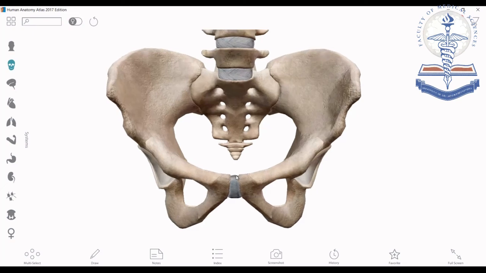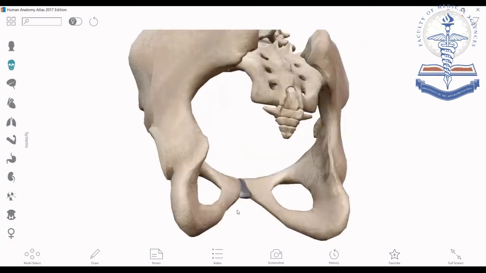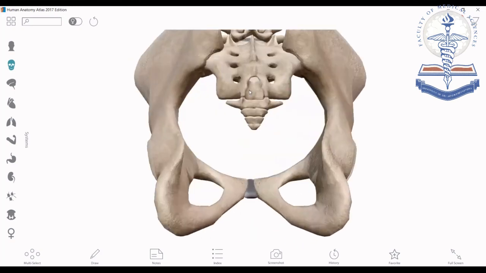In the mid cavity, the anteroposterior and transverse diameters are almost equal. But at the pelvic outlet, the anteroposterior diameter is greater than the transverse diameter. So during vaginal delivery, there is a rotation of the head from the transverse position to the anteroposterior direction at the mid cavity.